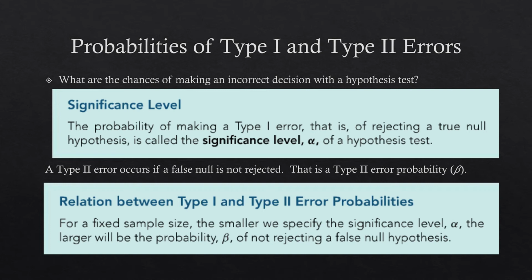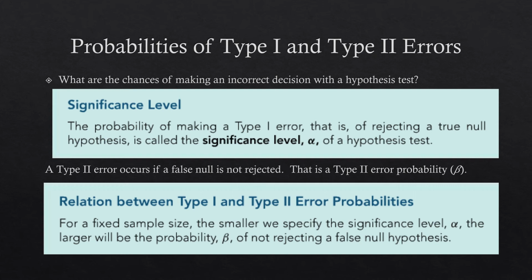If the probability of rejecting a true null is really, really small, then the probability of not rejecting a false null is going to be really, really high, because you're accepting so much. So watch the relationships.